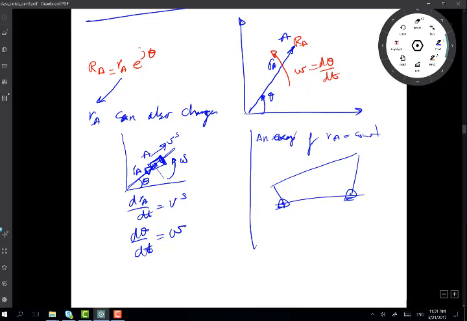I have R1, which is constant. R2 doesn't change. The length R3 is constant, and this was R4, and my length R4 was constant. So in this case, R is constant.